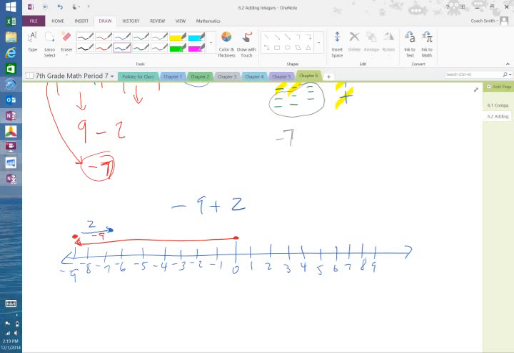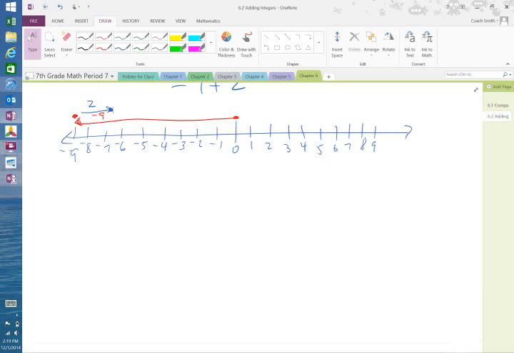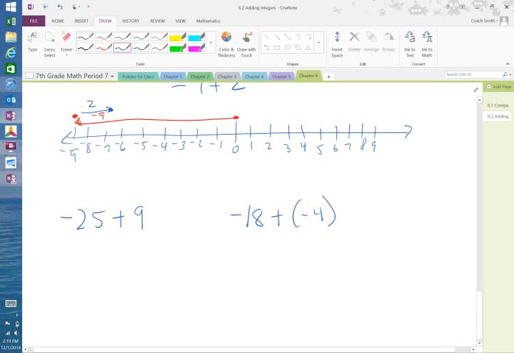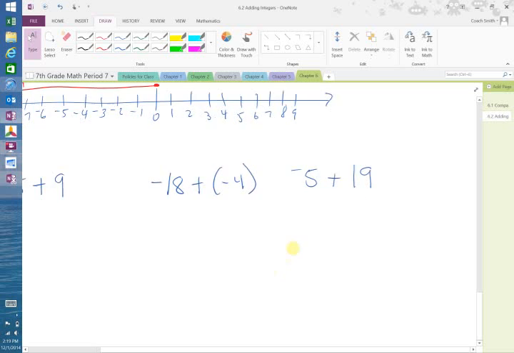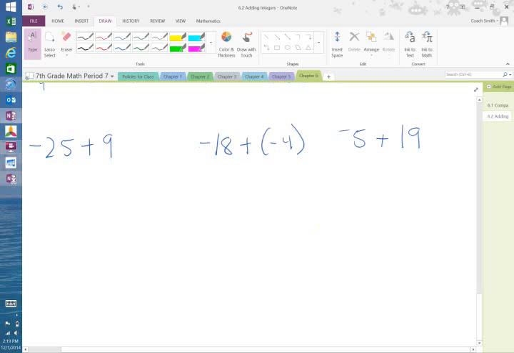Okay? So I'm going to give you 3 problems here. I want you to do these 3 problems in your notes. There's the 3 problems. -25 plus 9, -18 plus (-4).